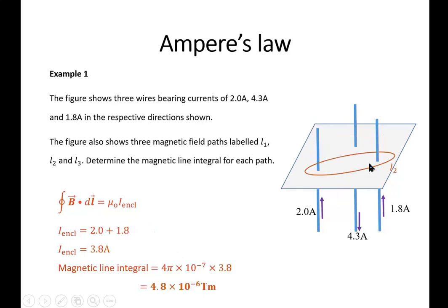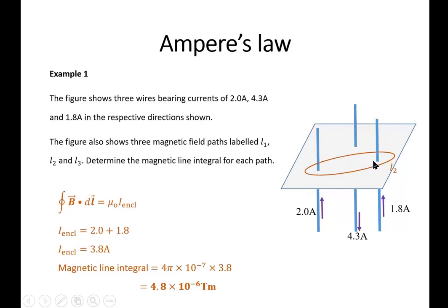Let's look at the second part. The second part encloses the first wire and the third wire. So what we need is to find the current enclosed. The current enclosed will be the algebraic sum of the two currents.